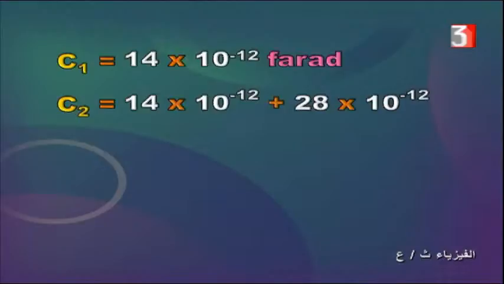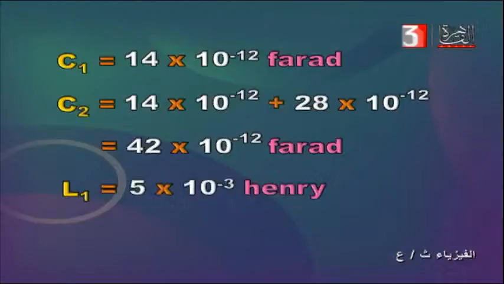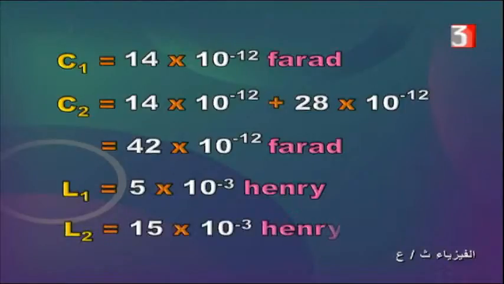It is 42 times 10 to the power of negative 12. And what about the inductance? It is 5 times 10 power negative 3 Henry, and it is changed into 15 times 10 to the power of negative 3 Henry.